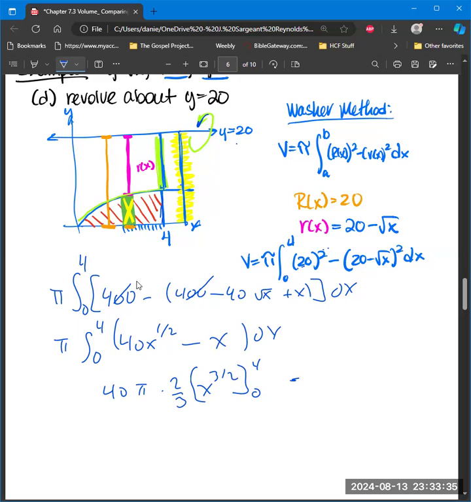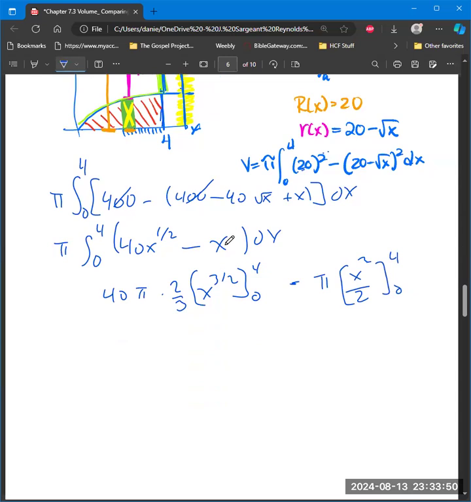minus pi times x to the 2nd over 2 evaluated from 0 to 4. This is 80 pi over 3 times square root of 4 is 2, 2 to the 3rd is 8, minus 0, and this is pi over 2 times 4 squared is 16 minus 0.